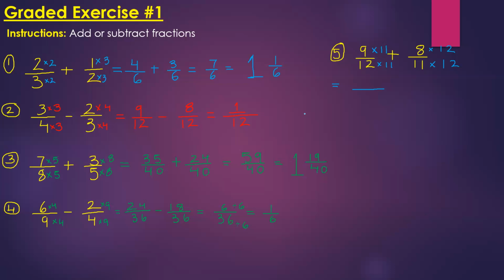Wait, you said what is the lowest common multiple again? The lowest common multiple is 132. So you would multiply 9 times 11 and you multiply 8 times 12. One moment, Kai. Darnie, please correct number 4. Yes, that's what I'm doing right now.